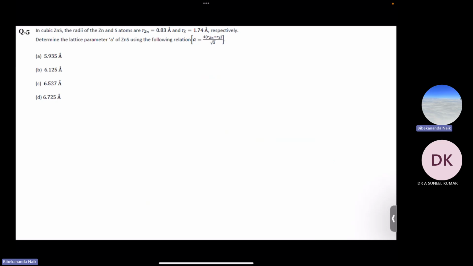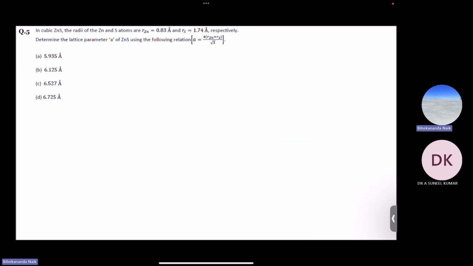There might be some network issues, I guess. Now you can see the slide. The question says, in a cubic zinc sulfide, the radius of zinc and sulfide atoms are, for zinc it is 0.83 Armstrong, and for sulfide it is 1.74 Armstrong.